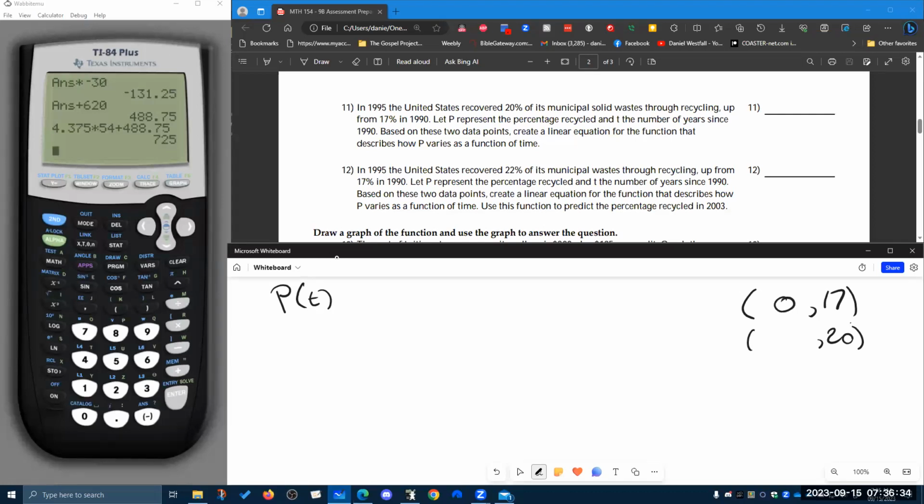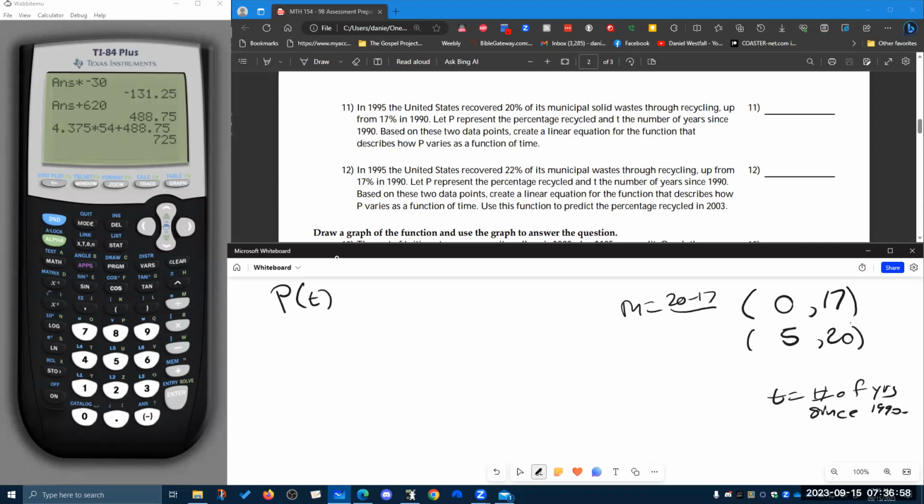So this is going to be 0 and this is going to be 5. T equals number of years since 1990. If they had not told me that, I would have let T be 1990 for my base in 1995 after that, but we're going to find our slope here.